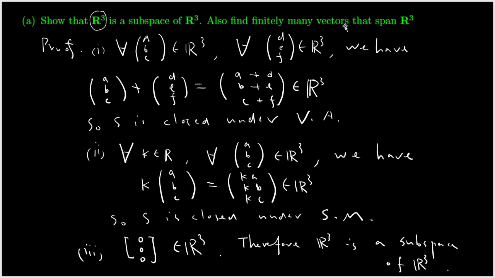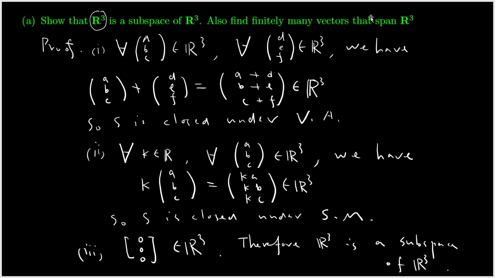Anybody want to write the three vectors I'm looking for? Again, I'm looking for three vectors having the condition that every vector in R3 is a linear combination of the three vectors. Now I'm looking at the chat. So anybody want to tell me the three vectors you can give me?